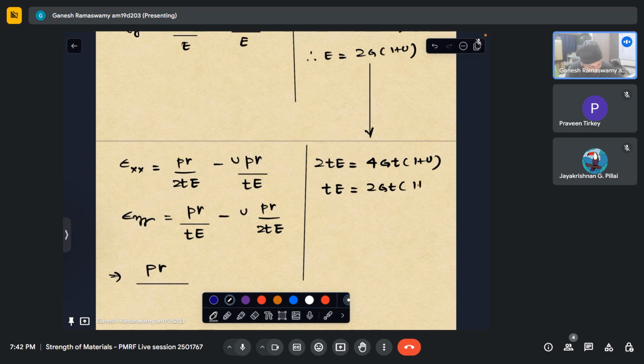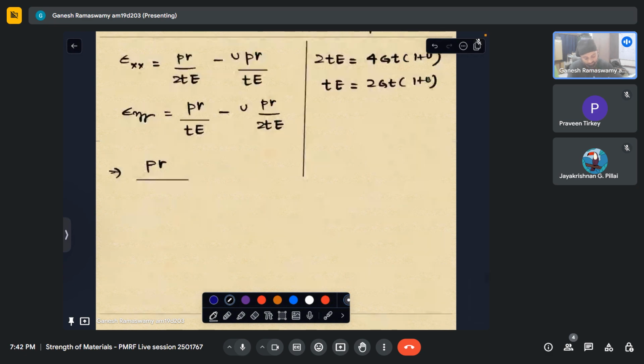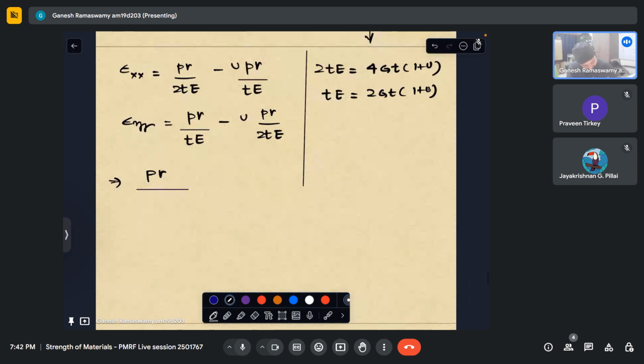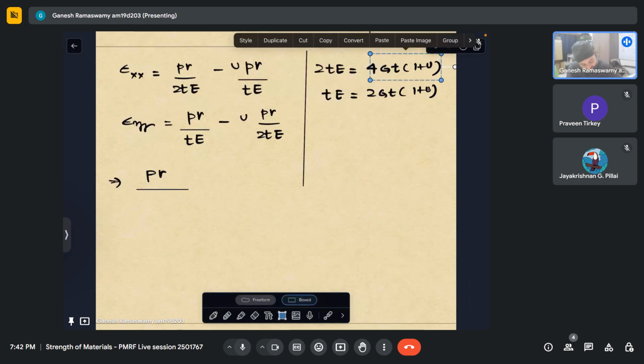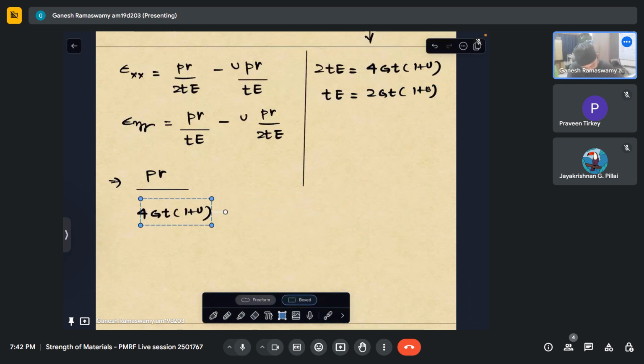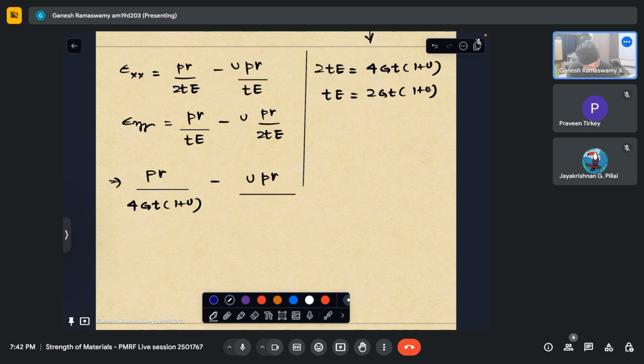So substituting this, I will get this quantity in the denominator here, minus mu PR by TE, which is this, equals epsilon xx, which was given to be how much? 50 microstrain.